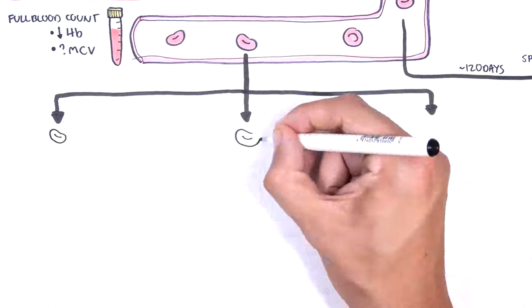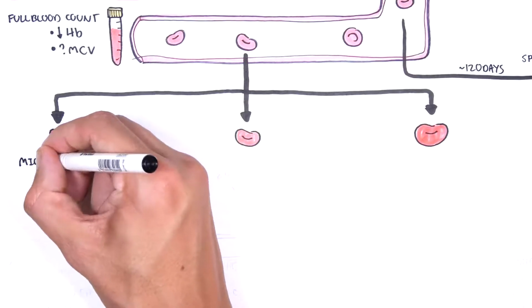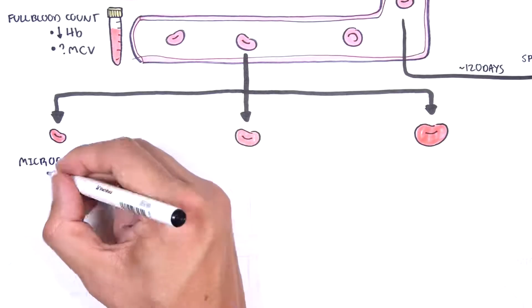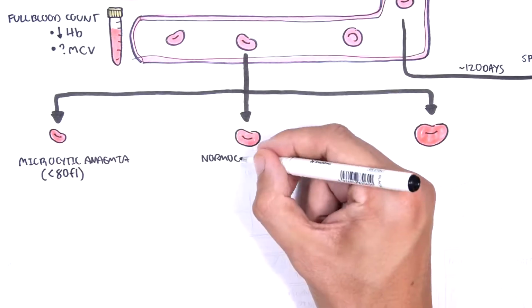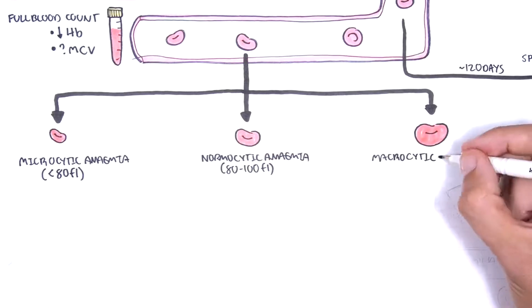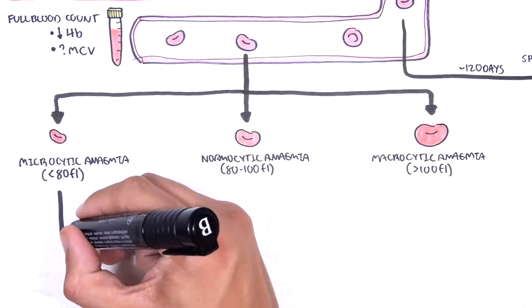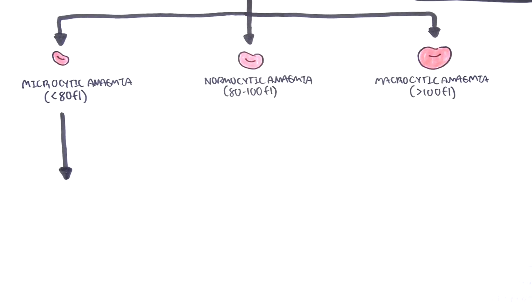Therefore, one way to categorize anemia is using the mean corpuscular volume. You can have microcytic anemia, less than 80 femtoliters, normocytic anemia, between 80 to 100 femtoliters, and then macrocytic anemia, which is greater than 100 femtoliters. And these are essentially the sizes of the red blood cell.